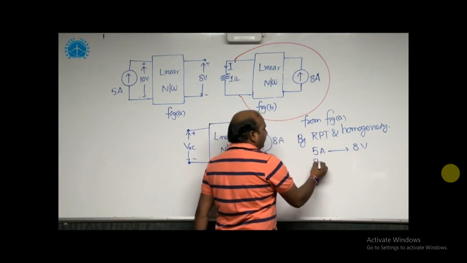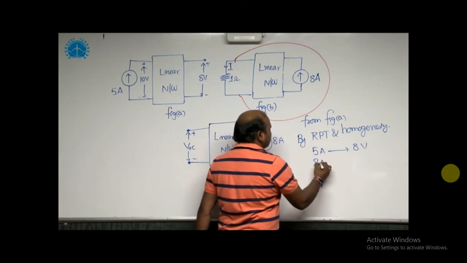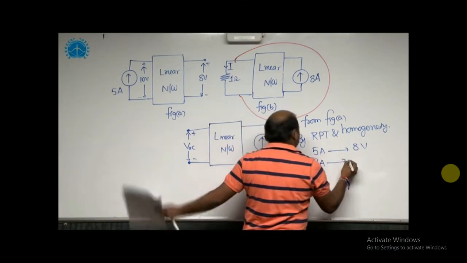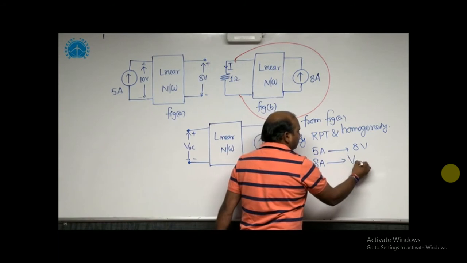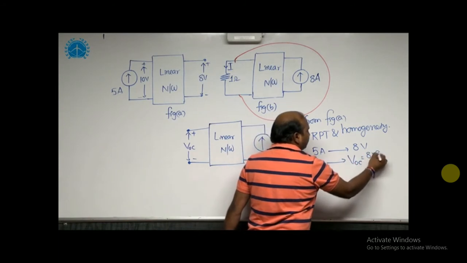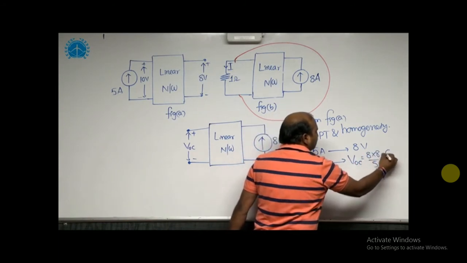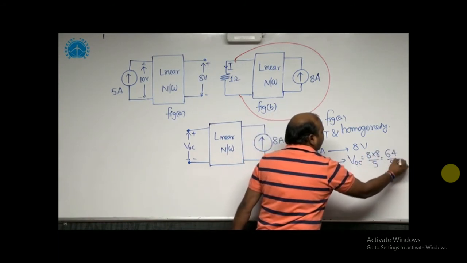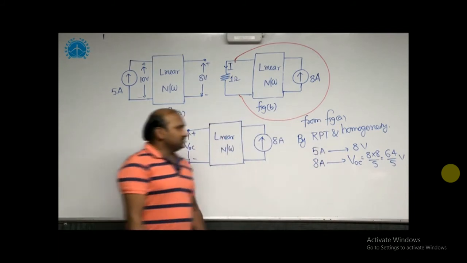For 8 amperes, what is the open circuit voltage? This VOC we need to estimate. VOC is equal to 8 into 8 by 5, nothing but 64 by 5 volts.